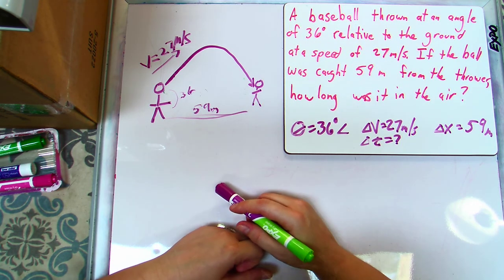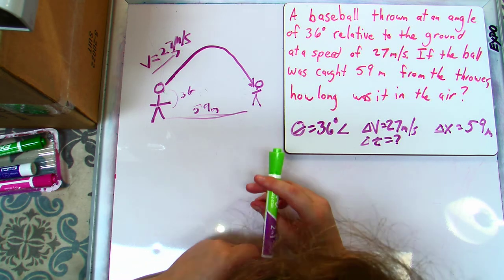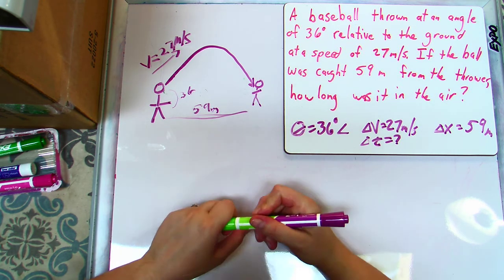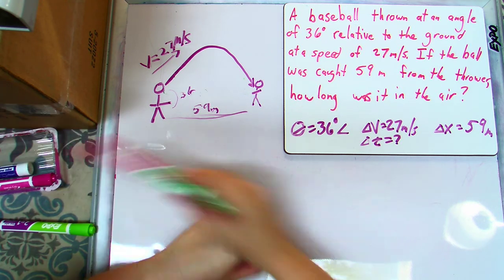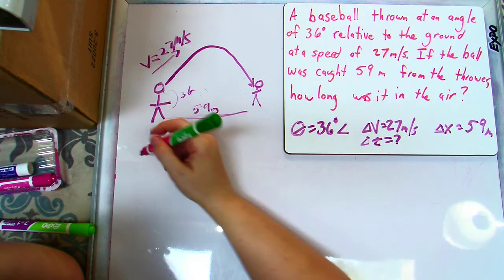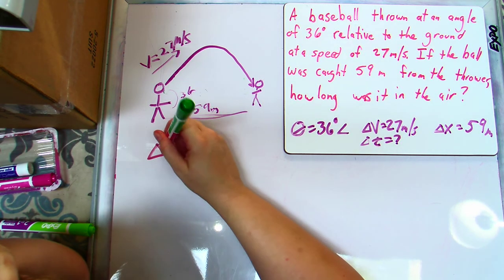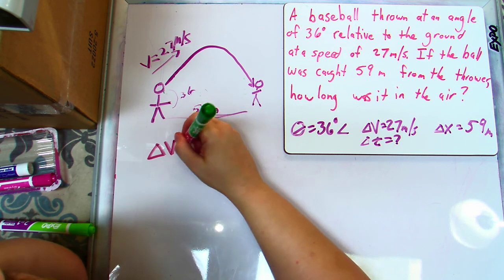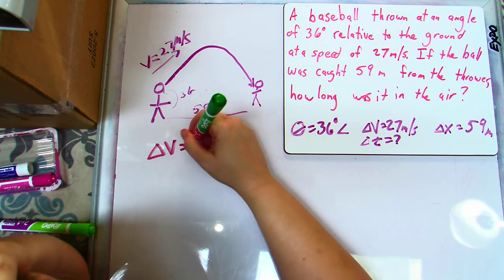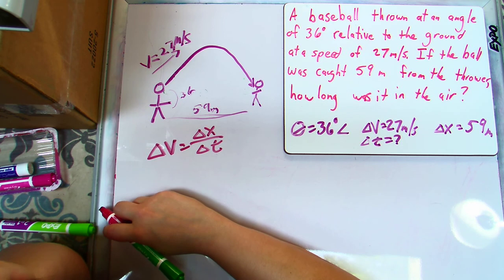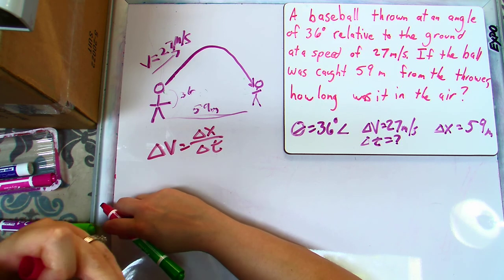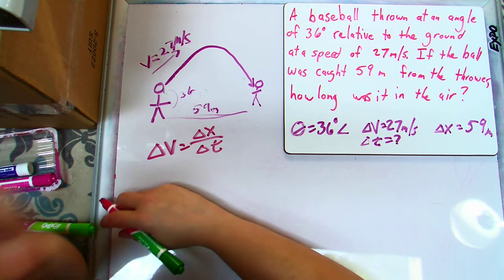All right, so let's figure out t. One of the equations we've looked at was delta v equals delta x over delta t, right? And guess what? We can actually use that. You just have to modify it.